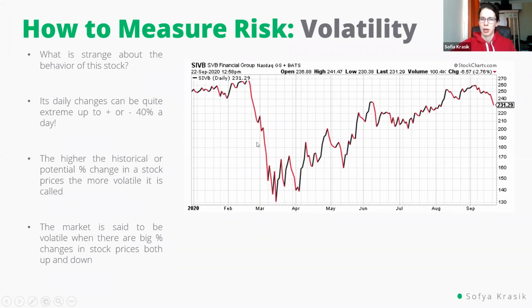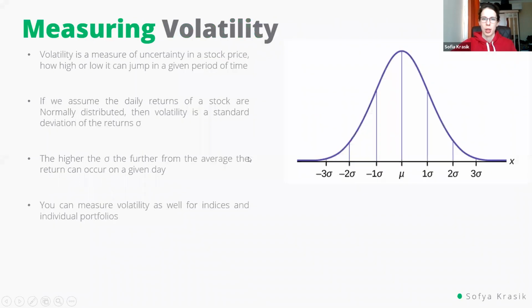If we collect all those data on how big those jumps were up and down, we would see some distribution, and volatility is essentially the standard deviation of that distribution. At least if we assume that the stock price is normally distributed.